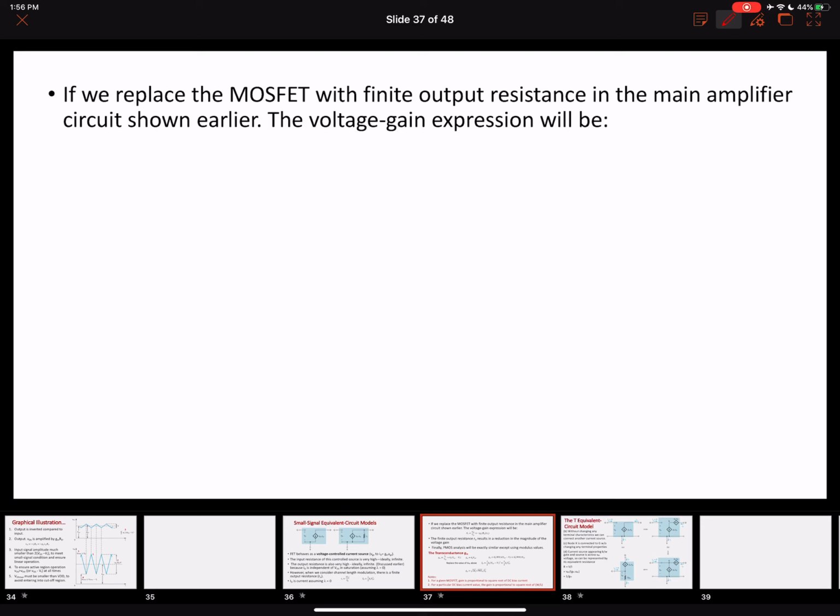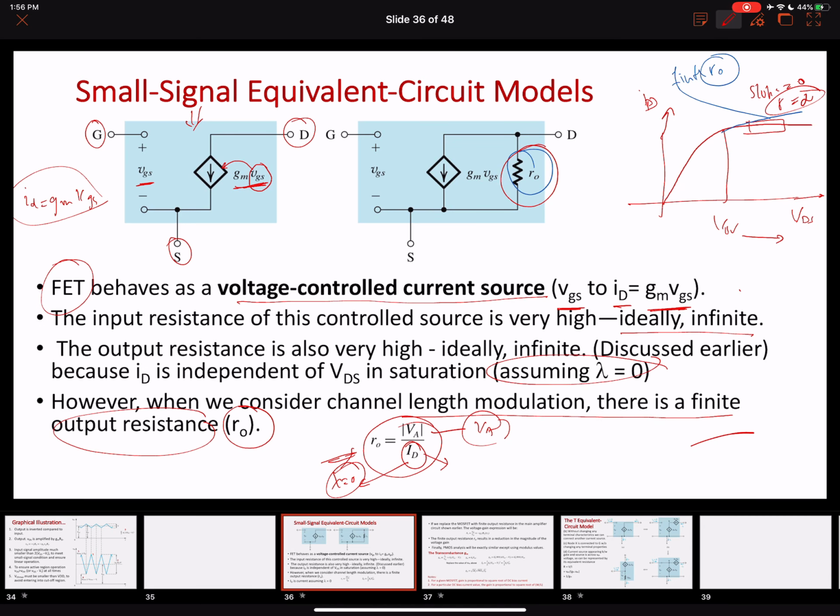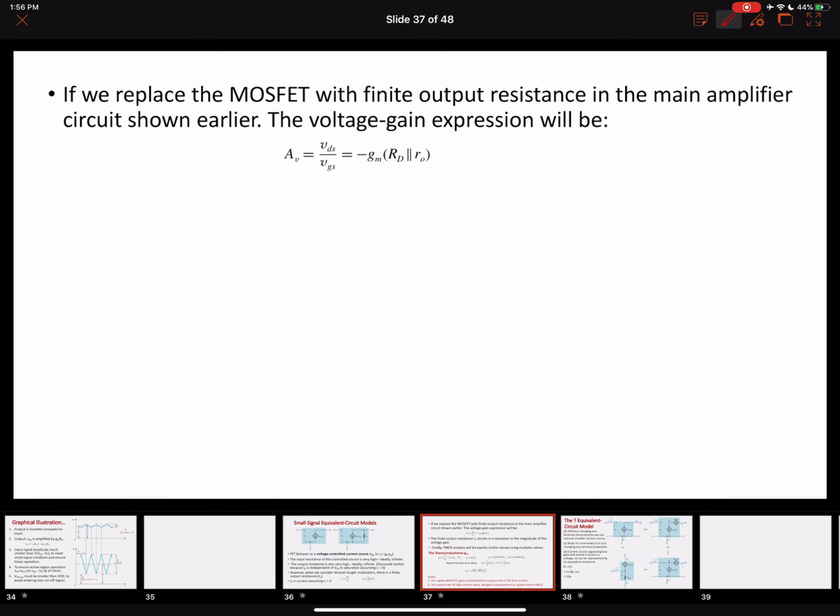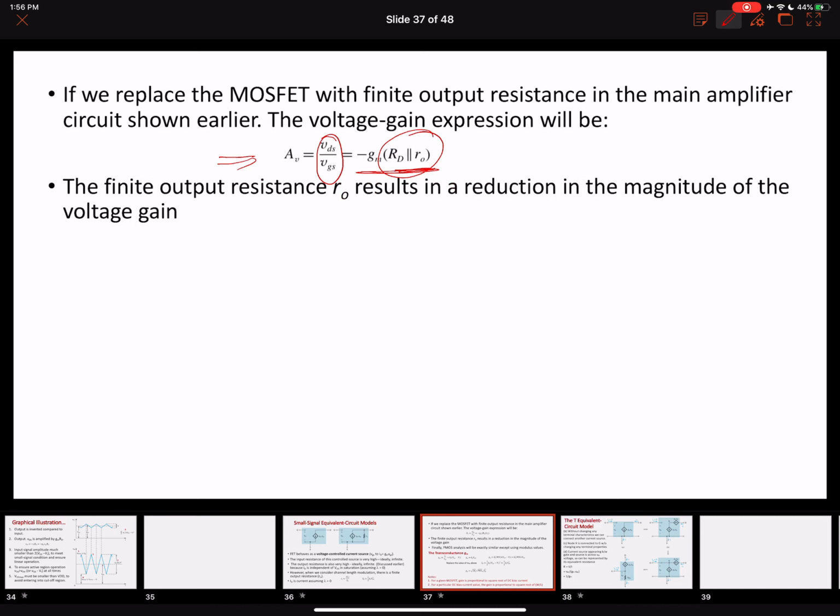However, if we consider a finite output resistance model with the channel length modulation effect in place, then our gain will change. That finite output resistance will appear in parallel to RD, and our voltage gain, VDS over VGS, will be changed by this factor. Now our RD is in parallel with R0. This means that our overall voltage gain will reduce, so there will be a reduction in the magnitude of the voltage gain.